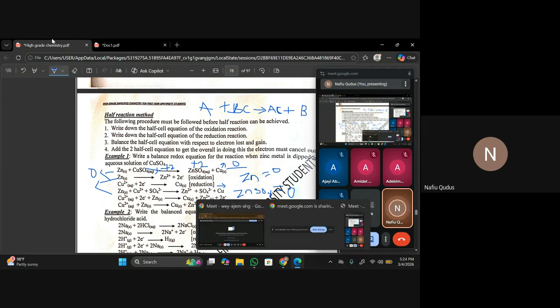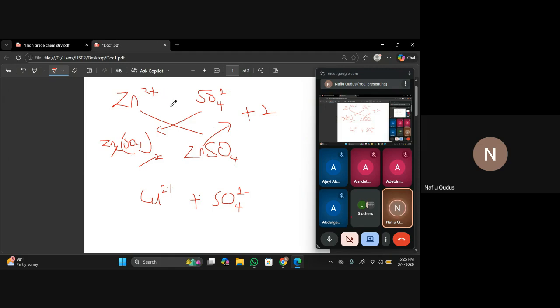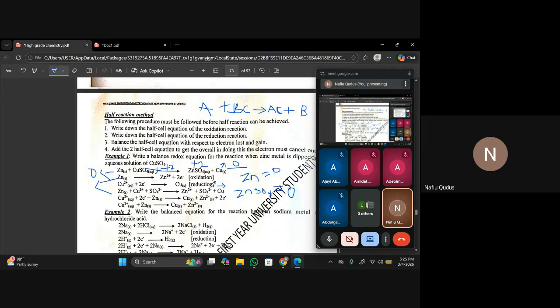So at the reactant side here, CuSO4 is split into Cu2 plus and SO4 2 minus. Likewise, we have here Zn2 plus and SO4 2 minus. So they are split. Now this is still the same thing, but we split them into ions. That's why we have Zn solid here. This CuSO4, we split it into Cu2 plus and SO4 2 minus.